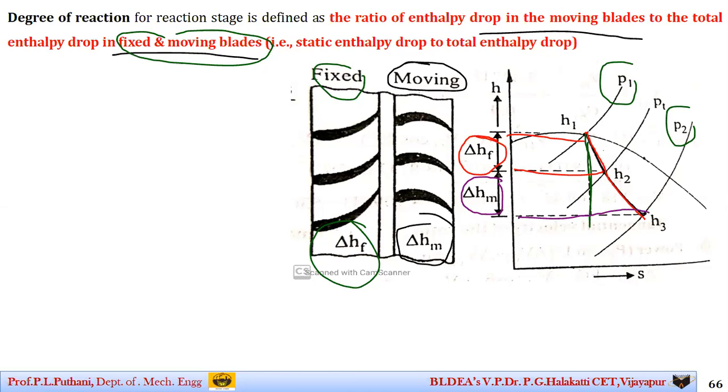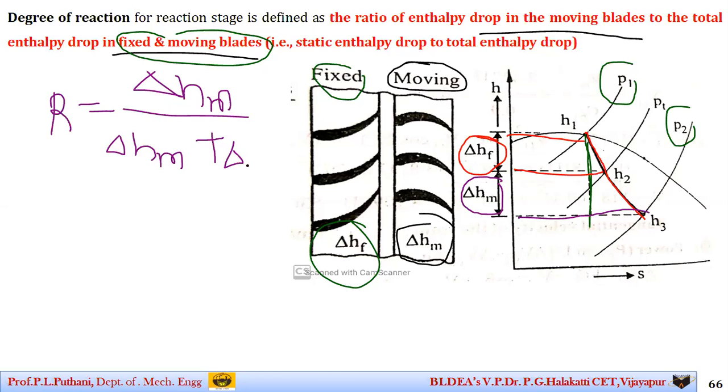So the degree of reaction is the ratio of the enthalpy drop occurring in the moving blades, delta HM, divided by the sum of both, delta HM plus delta HF, including the enthalpy of the fixed blades as well as the moving blades.